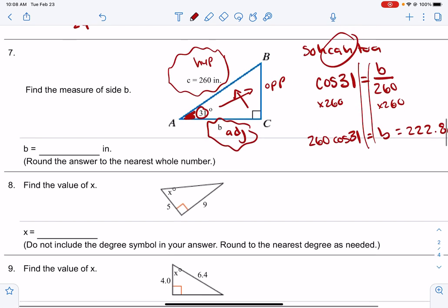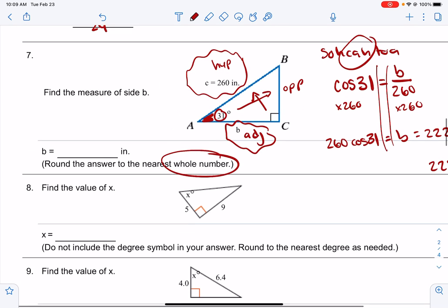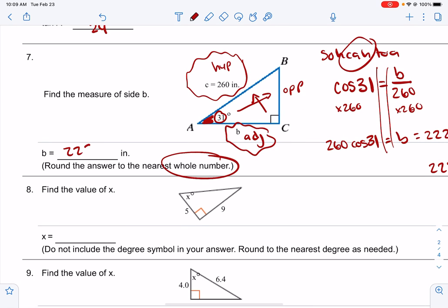Now, before I type in my answer, I'm going to look at my parentheses. Round the answer to the nearest whole number. So 222.8 tells me that I need to round up to 223 inches. So I'm going to put 223 inches as my answer for B.